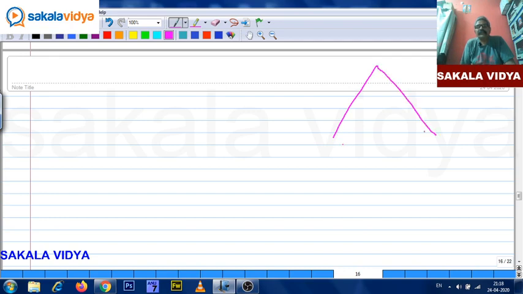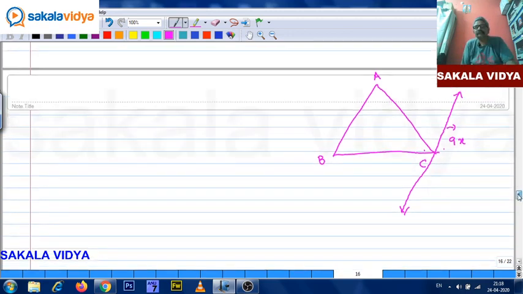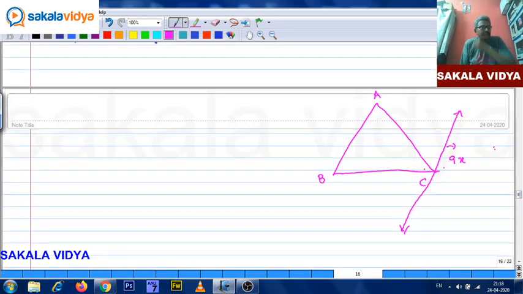Say this is triangle ABC, this is vertex C, which moves on this line, 9x plus 7y plus 4 equals 0.